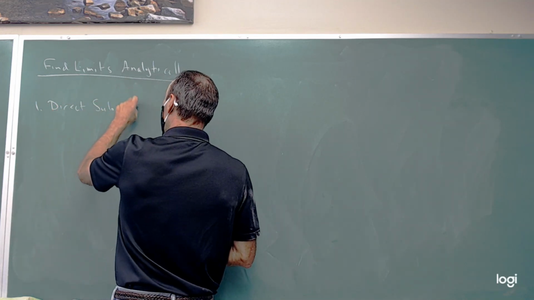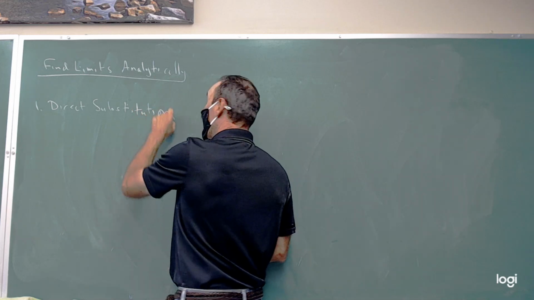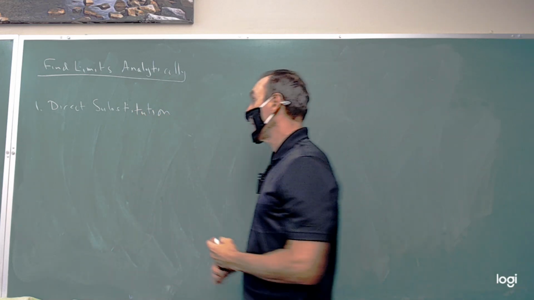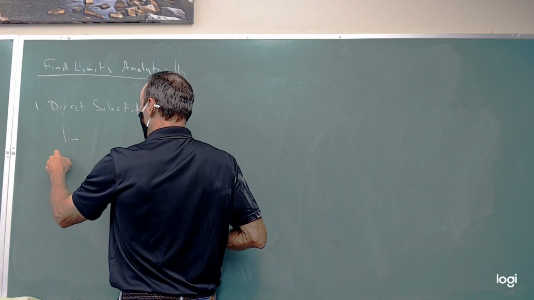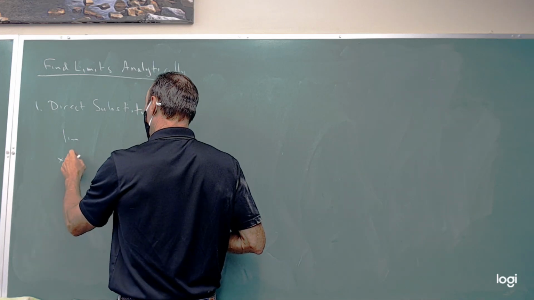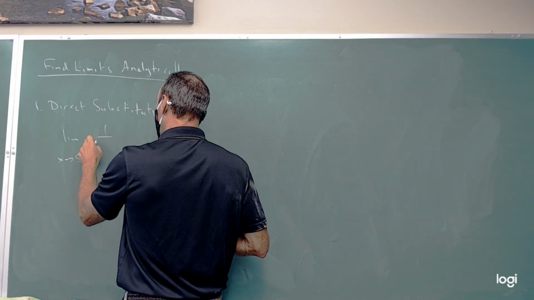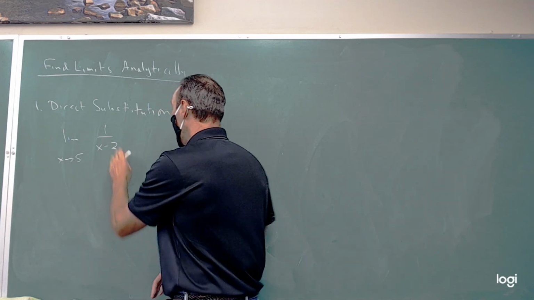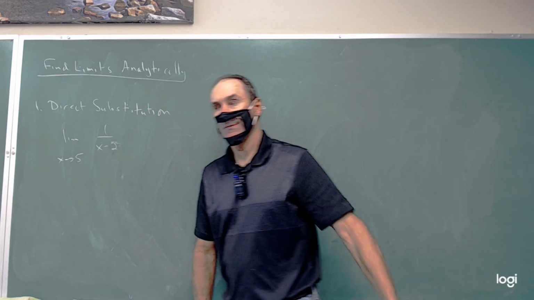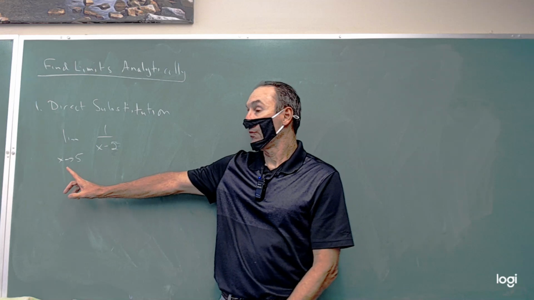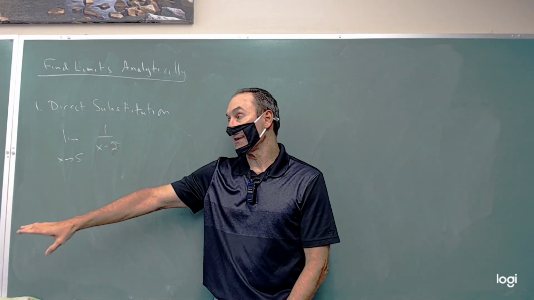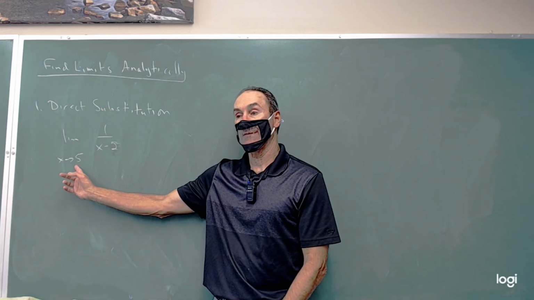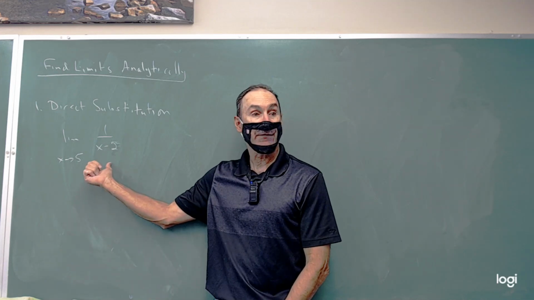And this is always where we want to start. So if we take, say, the limit as x approaches 5 of 1 over x minus 2. The way we always start a limit is we take what we're approaching, that value of x, and just plug it into the function.